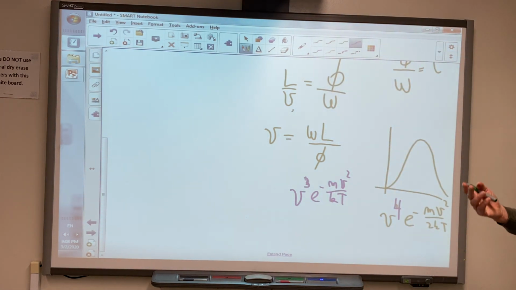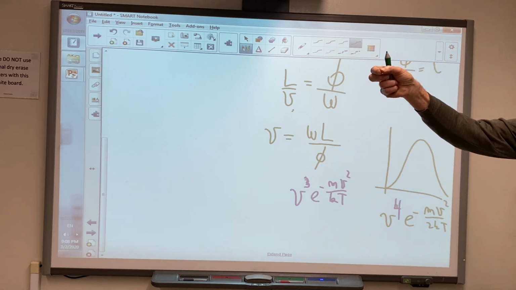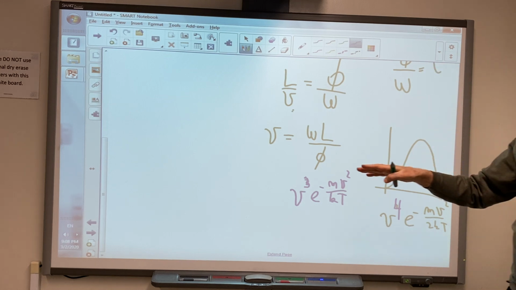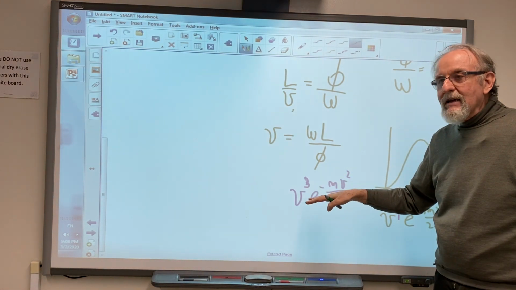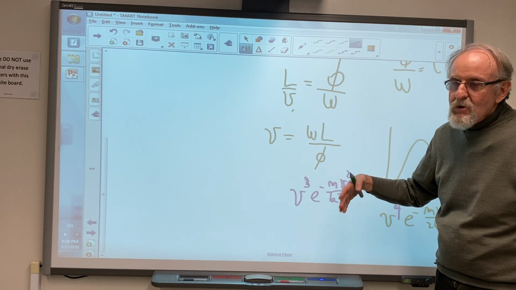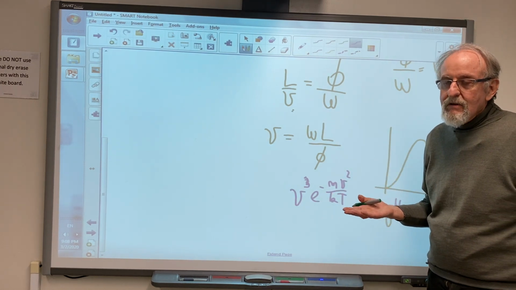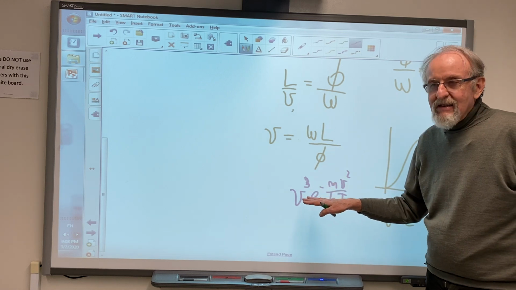You can sort of have an idea how that is. Molecules that move faster are more likely to come to your hole and leave the system than molecules that are moving slower. So when you are counting the ones that leave the system, you are overcounting the molecules that are moving faster. And we'll do the mathematical detail next time.